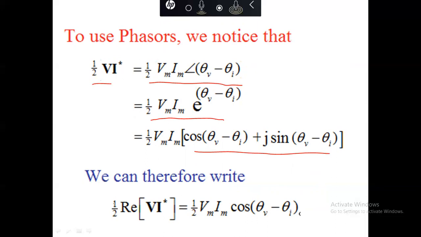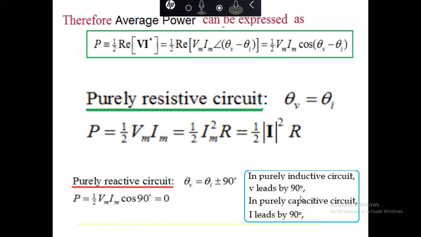So we can therefore write the average power as 1 by 2 real VI conjugate, which is equal to the expression of average power transferred to the network. So here is the relationship with the average power transferred to the network.